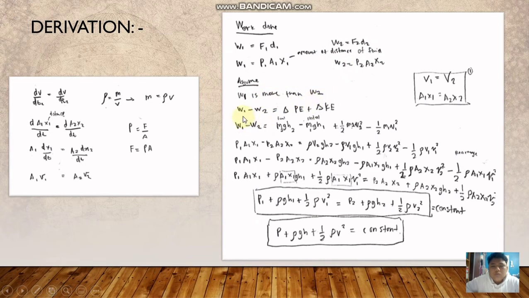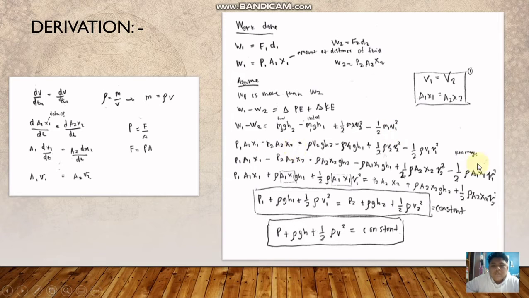So work 1 minus work 2 is equal to the change of potential energy plus the change of kinetic energy. So work 1 minus work 2 is equal to m2 g h2 minus m1 g h1 plus half m2 v2 squared minus half m1 v1 squared.